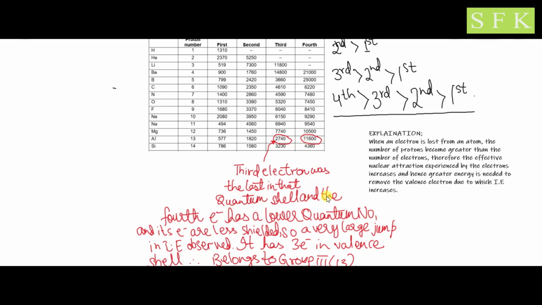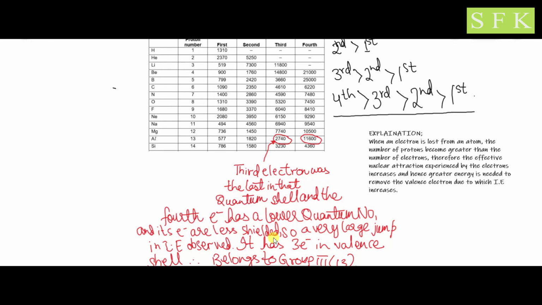The fourth electron has a lower quantum number basically because it's from an inner shell, and its electrons are less shielded. Inner shell would mean that its shielding effect will also be lesser because the number of shells which are shielding this electron are lesser compared to those which are shielding the outermost electrons.